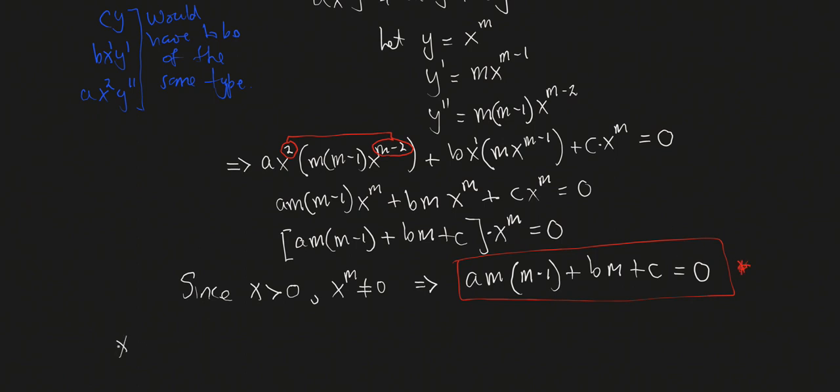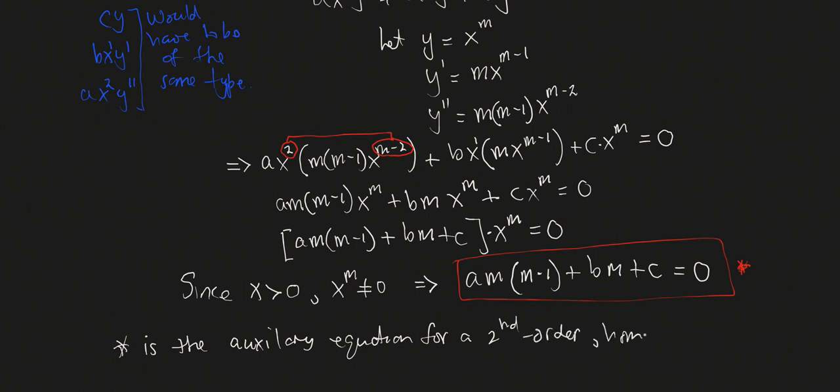So star is the auxiliary equation for a second order homogeneous Cauchy-Euler equation.